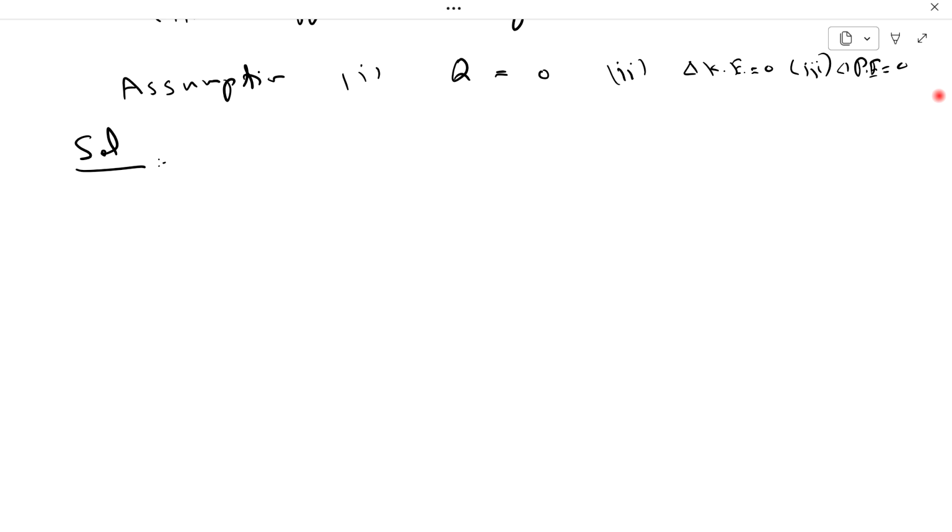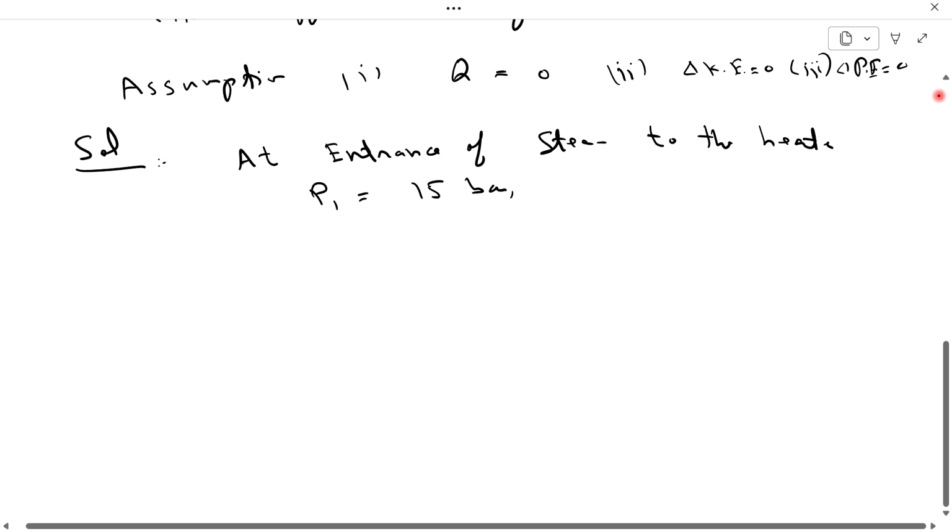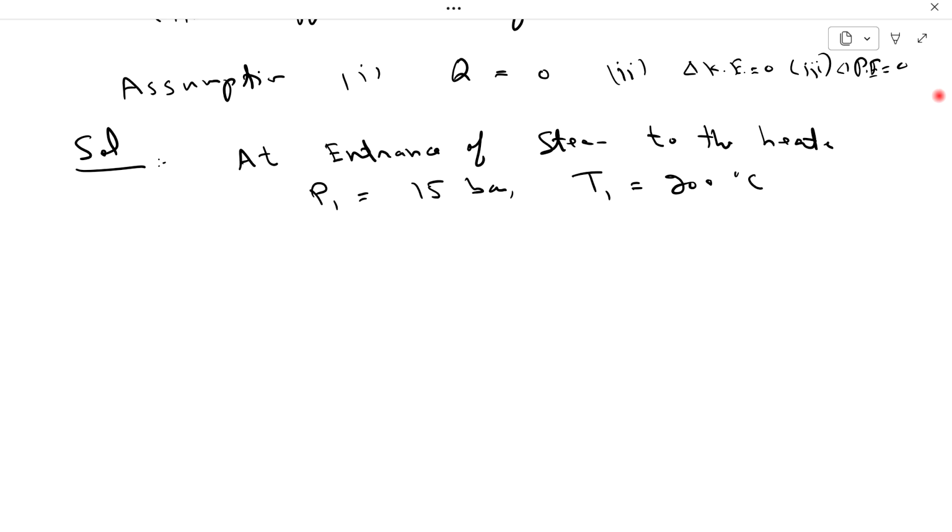So at state 1, at the entrance of steam to the heater, we are given P1 is equal to 15 bar and T1 is equal to 200. First we check whether this is the superheated region, wet region, or saturated liquid or vapor form.